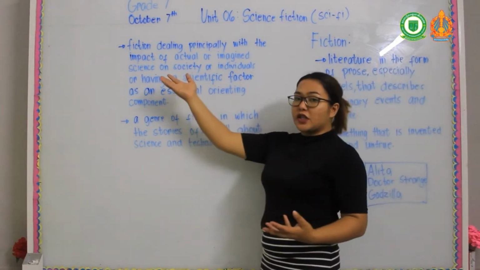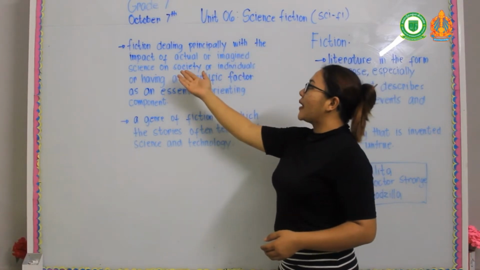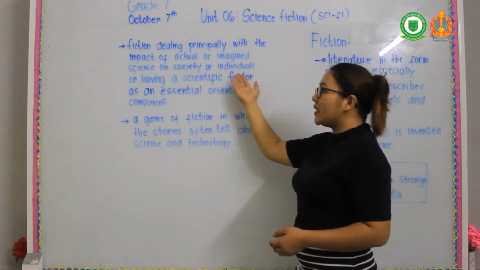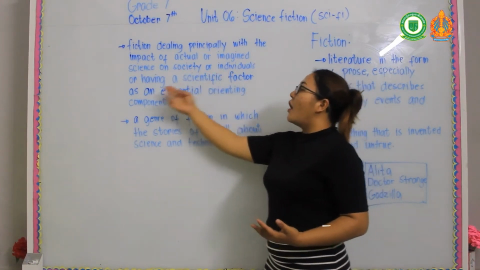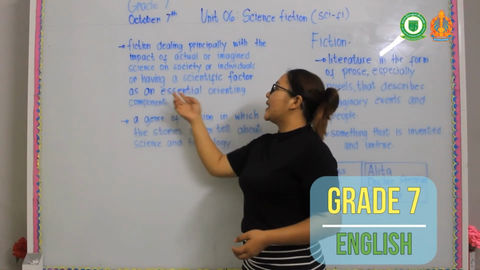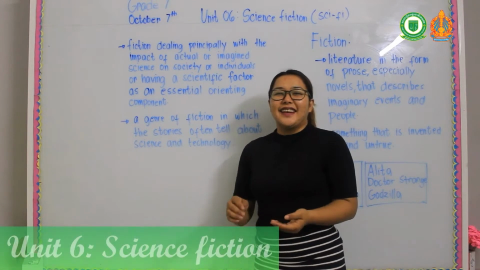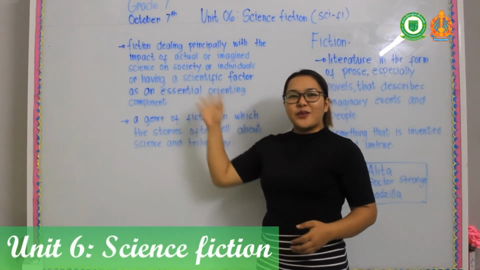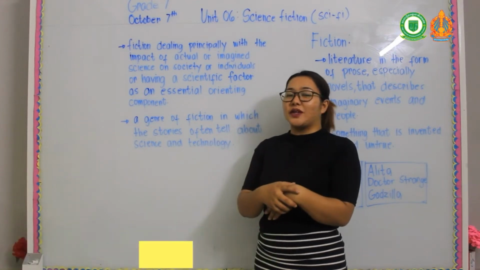It is a fiction dealing principally with the impact of actual or imagined science on a society or individuals, or having a scientific factor as an essential component. So what does that mean? Okay, there are a lot of words here that you have to know before you will be able to understand.